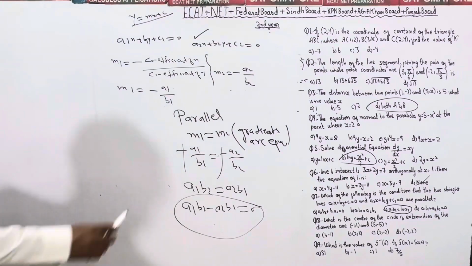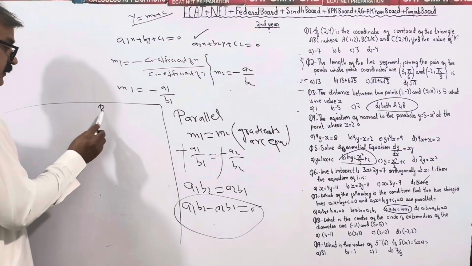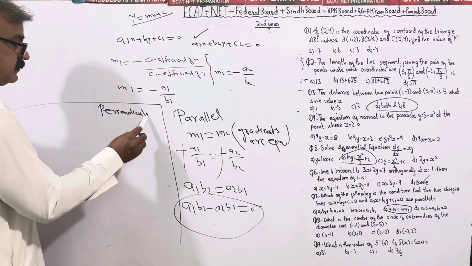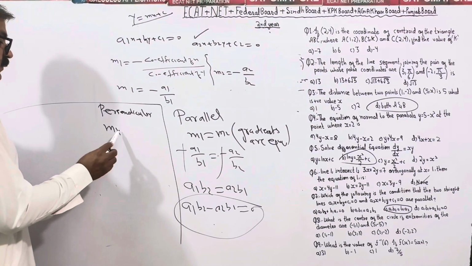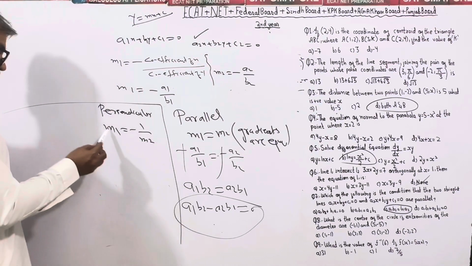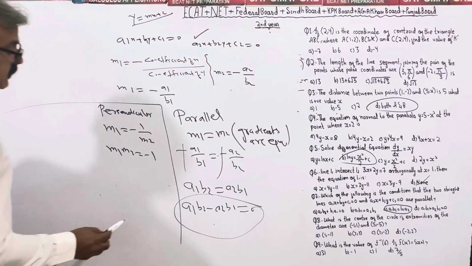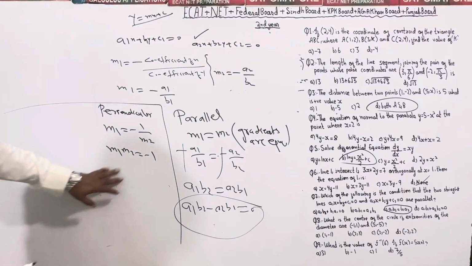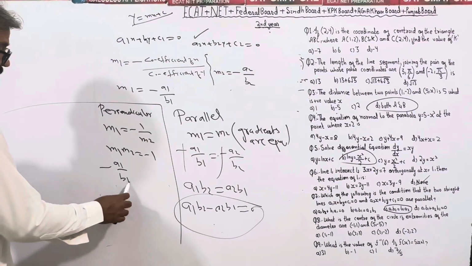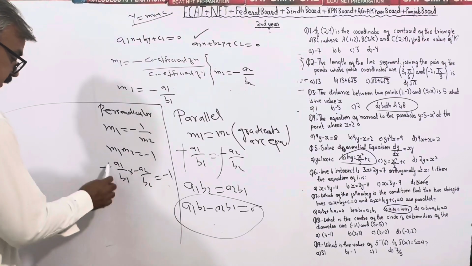Let's see what about perpendicular. When they are perpendicular, it means their slopes are negative reciprocals of each other, or m1 times m2 is equal to minus 1. It means the product of their slopes is equal to negative 1. The slope m1 is minus a1 over b1 times minus a2 over b2 is equal to minus 1.